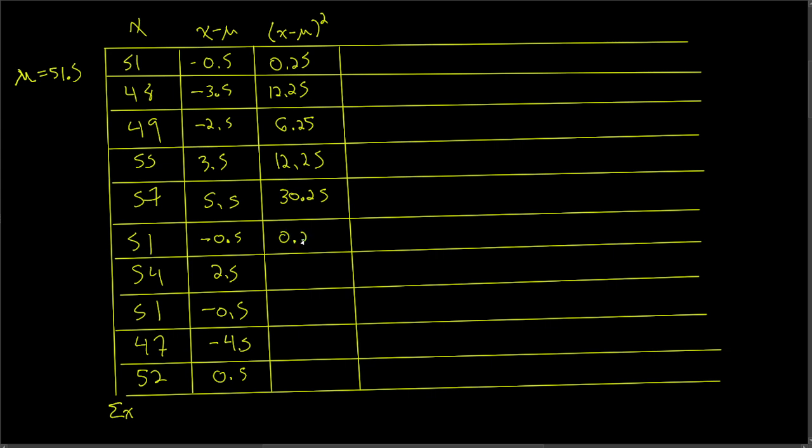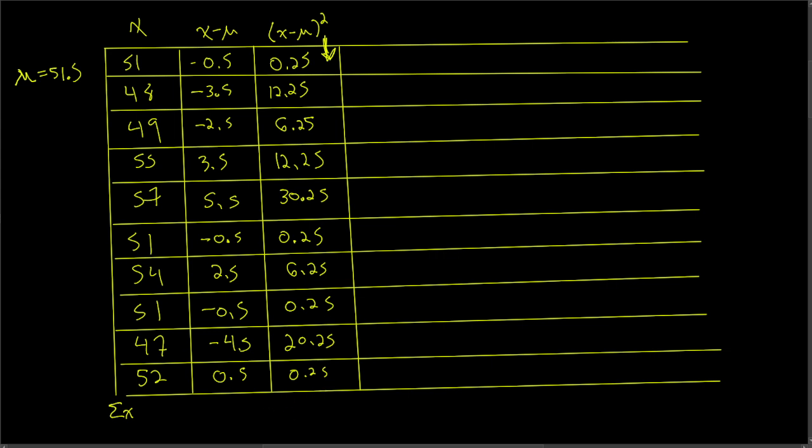We already did this one, right? Up here, 0.25. We already did this one because a positive times a positive gives me the same thing. And 4.5 squared is 20.25. And this is 0.25.